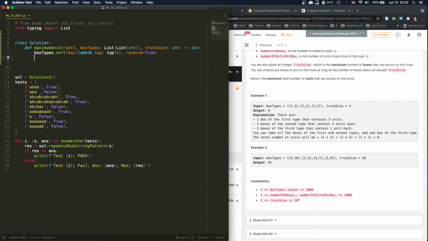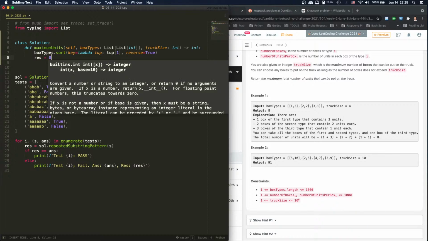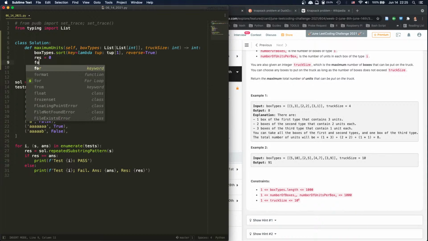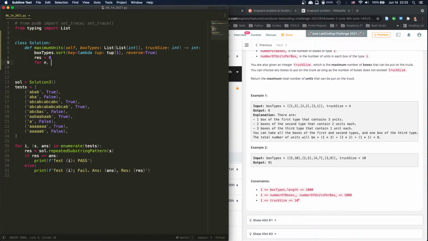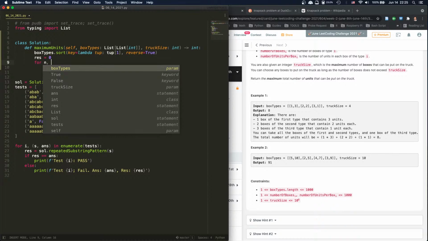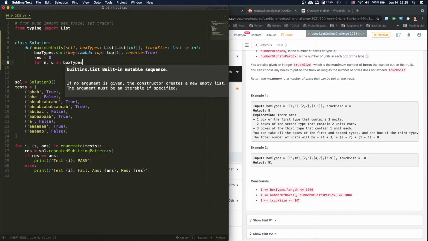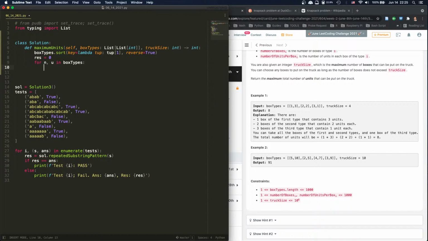And we say res equals 0, right? And for n, u in box types, right? Box types.